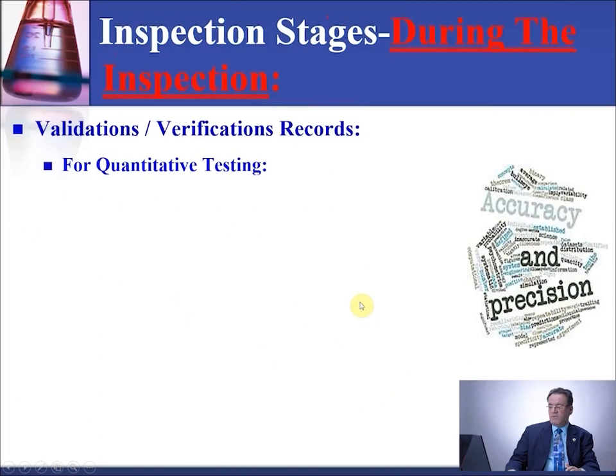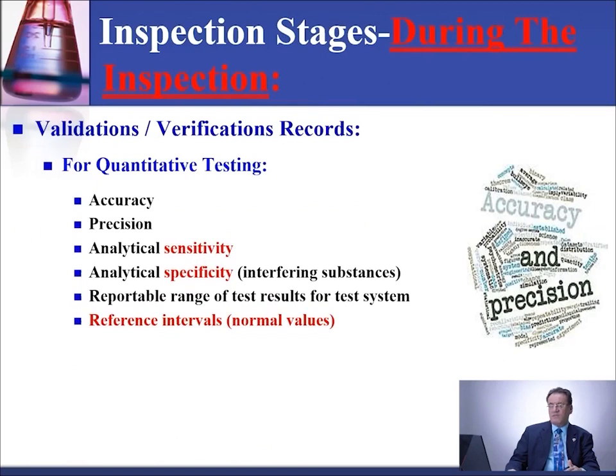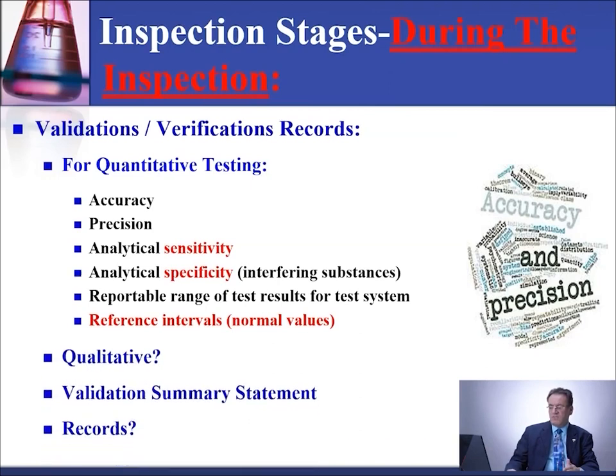What else will they be looking at? They will be reviewing your validation verification records. For quantitative testing, they will check that you have the accuracy, the precision, sensitivity, specificity, reportable range, and the reference range for all the tests you report patient results on. For qualitative testing, the last 2 are not applicable to you, but the rest are.